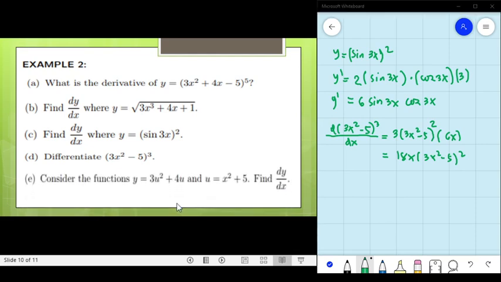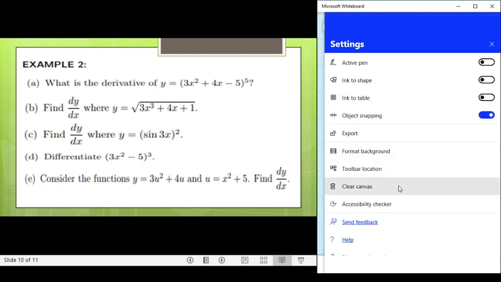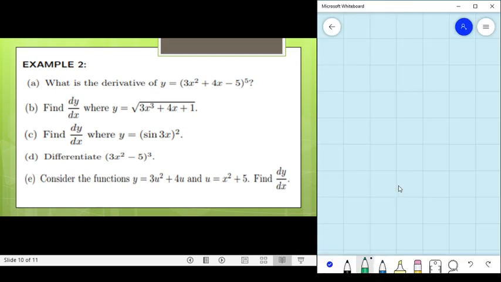And lastly, we have to consider the functions y is equal to 3u squared plus 4u, and u is equal to x squared plus 5. Find dy over dx. So by the chain rule, we can say that dy over dx is the same as the derivative of y with respect to u times the derivative of u with respect to x.